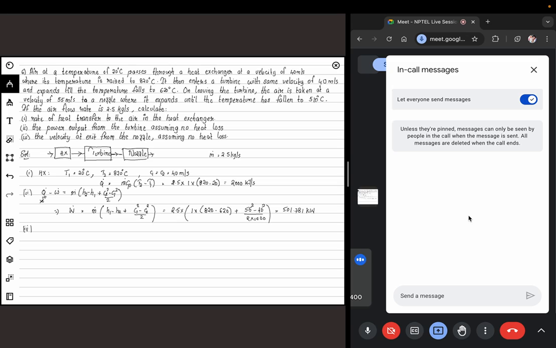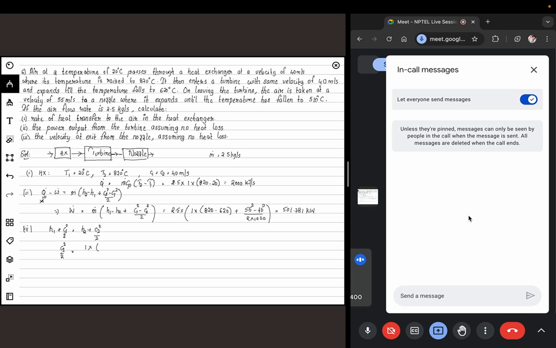Now again, if you apply the same equation in case of a nozzle, again there is no heat loss and there is no work done in case of a nozzle. So you have H1 plus C1 square by 2 is H2 plus C2 square by 2. It says that the final temperature is 510 degrees Celsius. So H1 minus H2, you need to determine C2. So C2 square by 2 is H1 minus H2, which is Cp times (T1 minus T2).